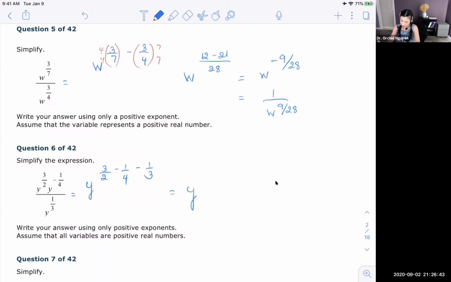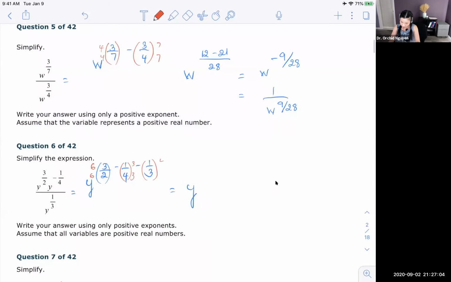So I'm going to multiply the first one. The LCD in this case is 12. So the first one I multiply by 6. The second one I multiply by 3. And the third one I multiply by 4.